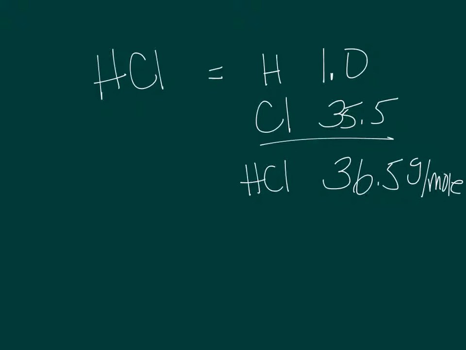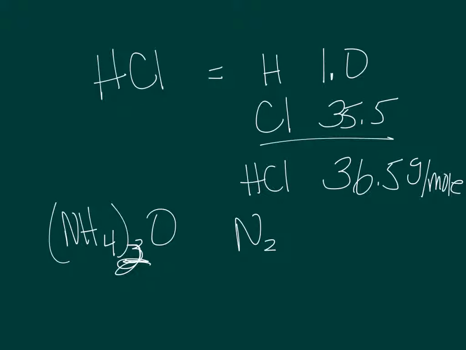Let's do something that might be a little harder. (NH4)2O. Okay, put a 2 here. So that means I have 2 NH4s, so that means I also have 2 N's, 8 H's, and 1 oxygen.